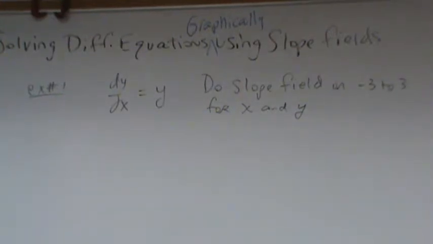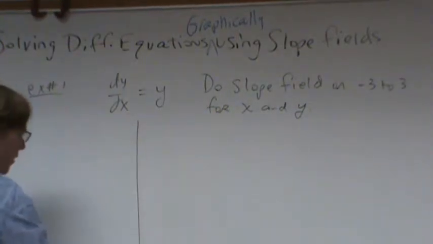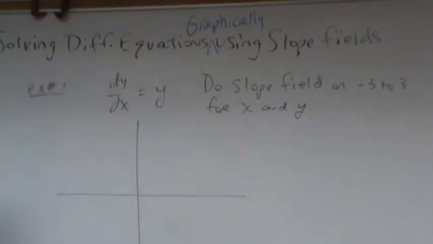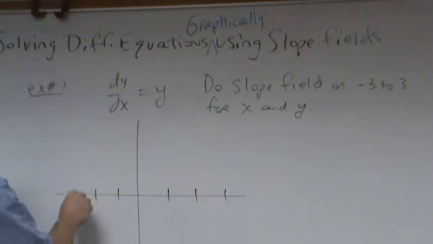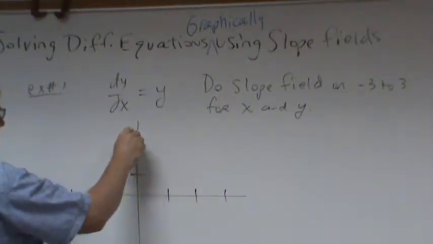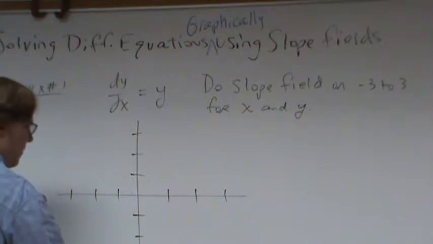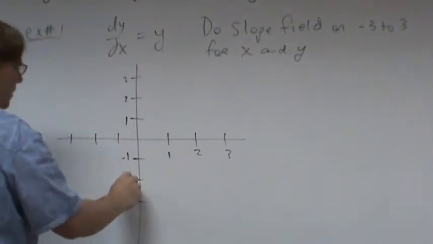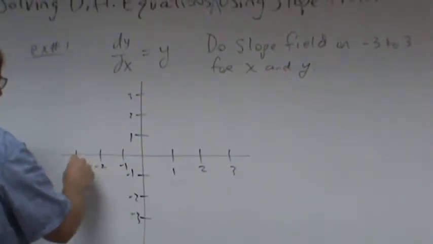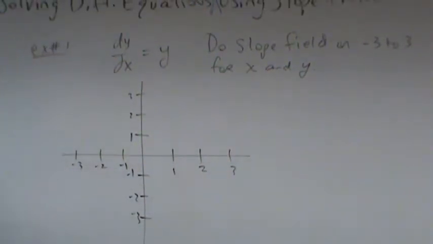Here we go. Here's what I want you to do. Make a rather large xy axis and have your xy axis be numbered from -3 to +3 in the x and y direction. Next, this is going to be weird, but please just hang in there with me. You're going to put a dot on every integer vertex of your graph.